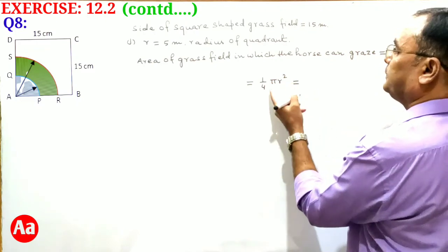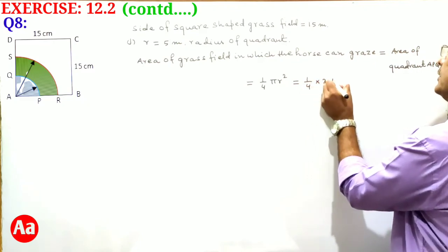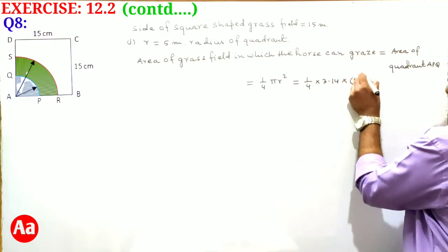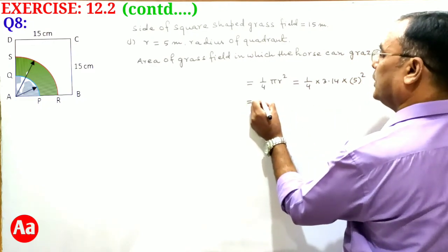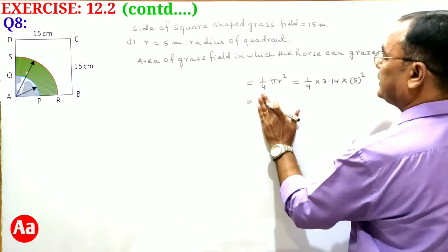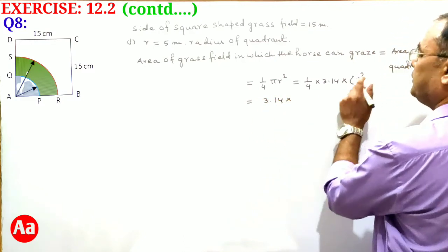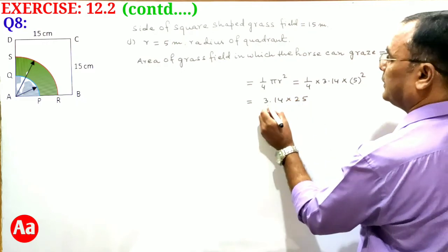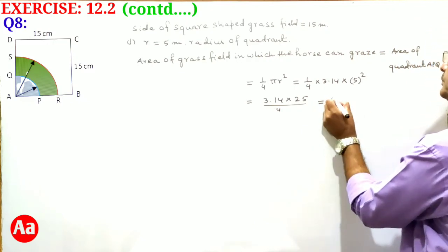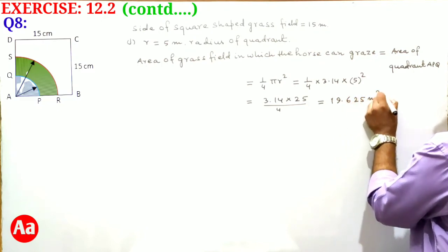Let's put the value of pi, which is given 3.14, into radius 5 meter square, and this is equal to 1 by 4 into 3.14 into 5 square, 25, divided by 4, and this is equal to 19.625 meter square.